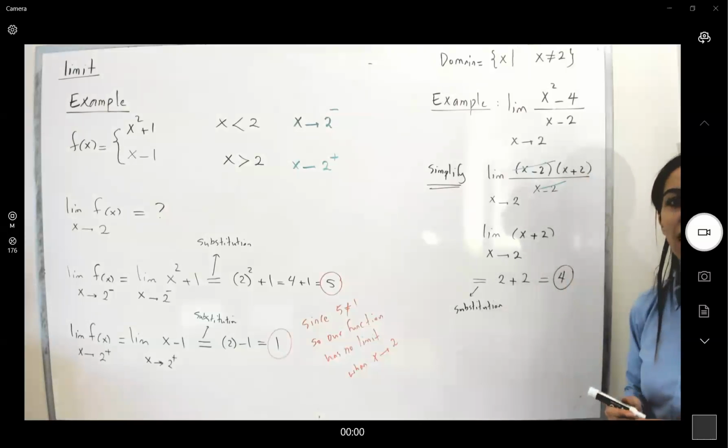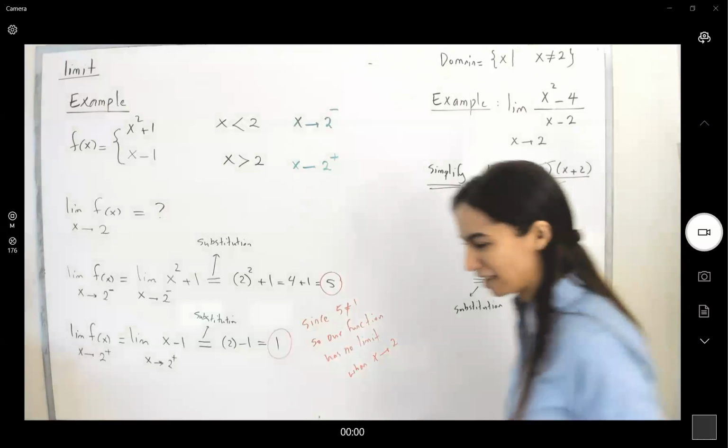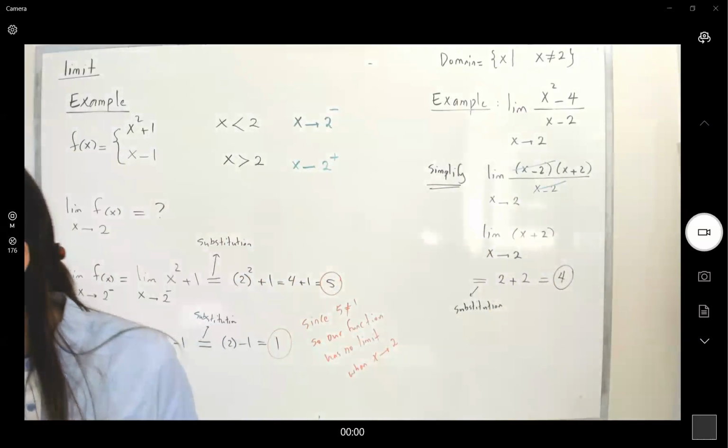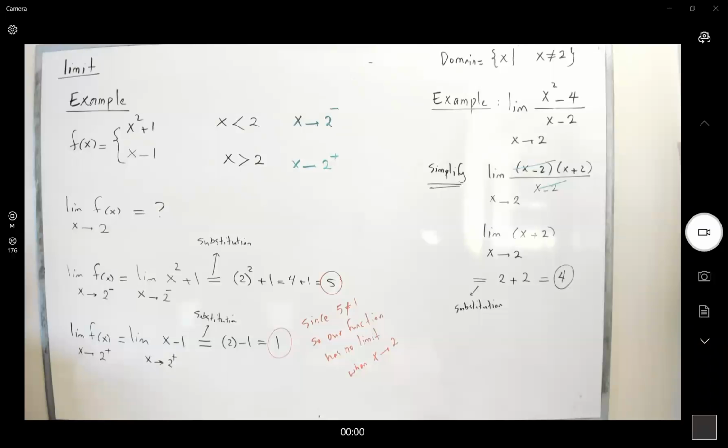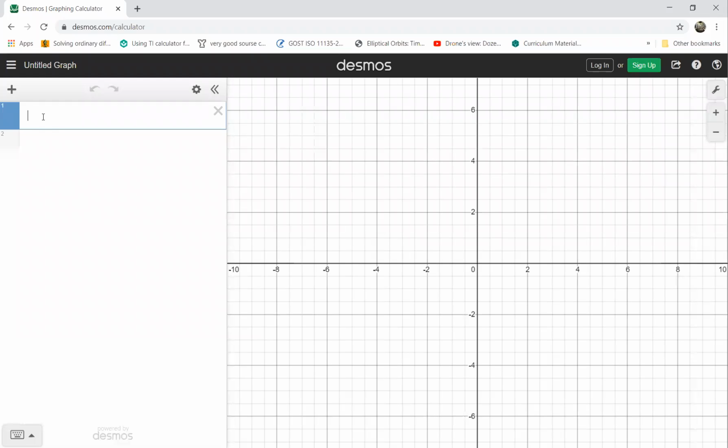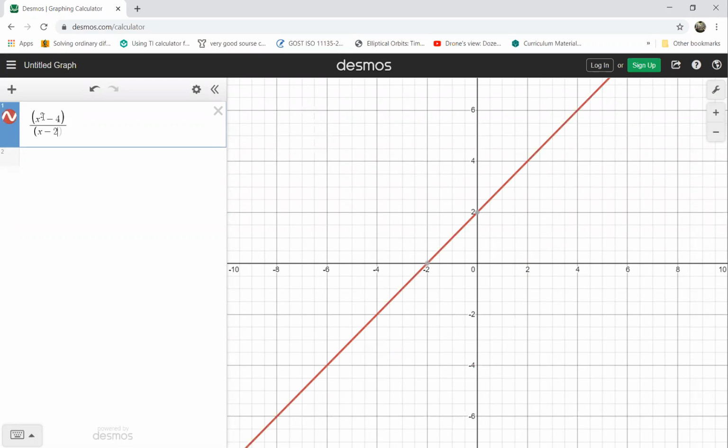Let's take a look at the graph using Desmos and see what the behavior of this graph is. So our function on the numerator, we have x squared minus 4 divided by x minus 2.